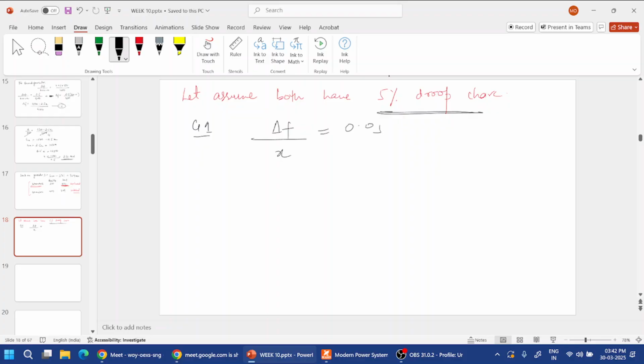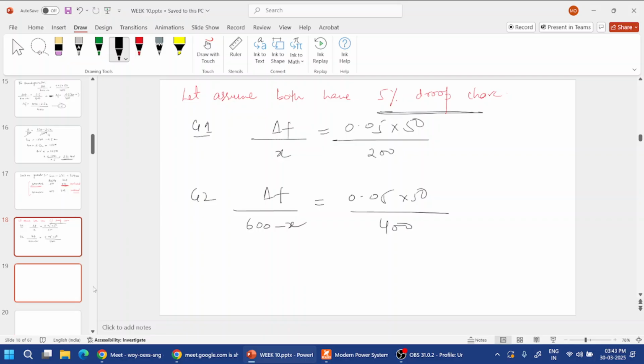For generator 1, del f upon x equals 0.05 into 50 divided by 200. For generator 2, del f upon (600 minus x) equals 0.05 into 50 upon 400. So let's solve this.